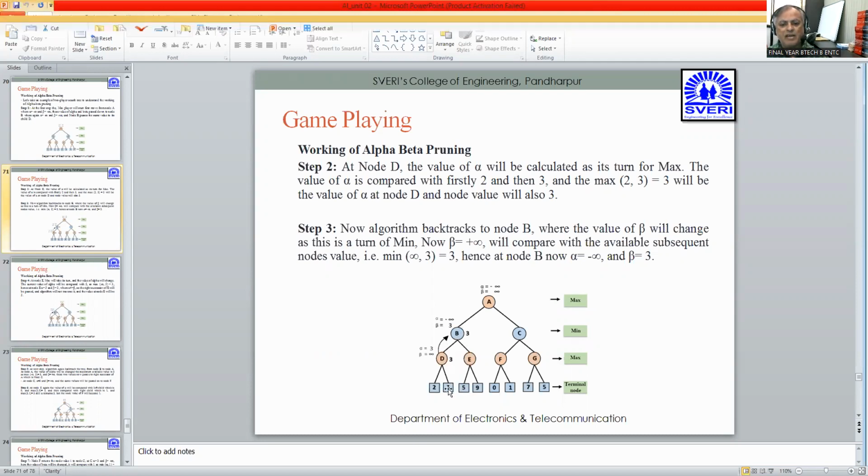So from here we have started. So we compared 2 and 3. We got a 3.